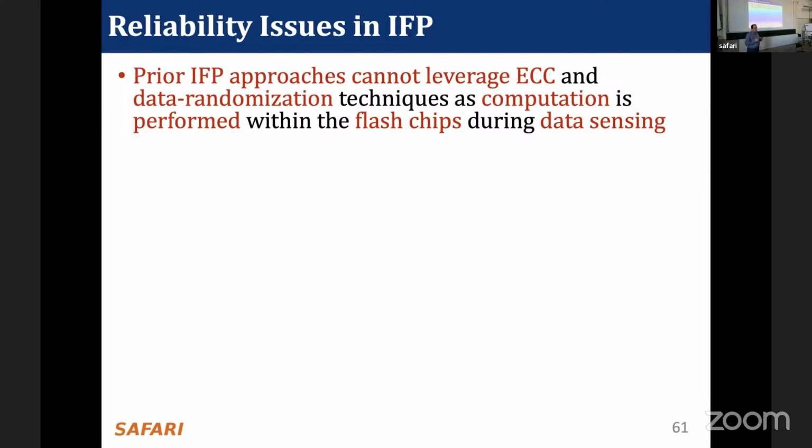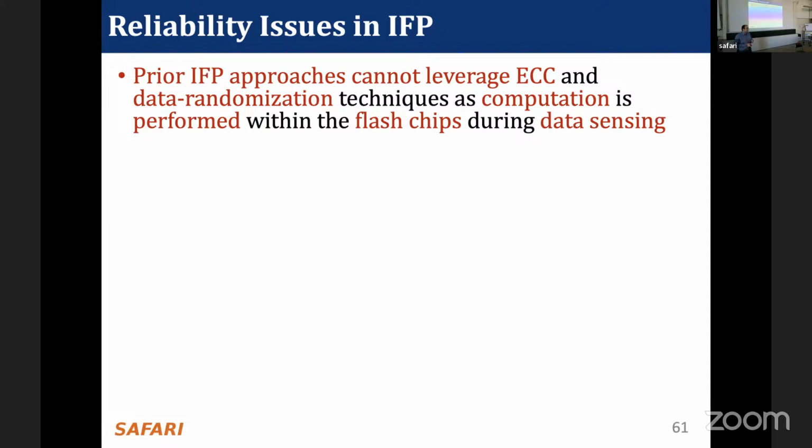But when you want to do computation inside the flash memory, you cannot really do that, because ECC usually happens outside the flash memory. The ECC algorithm is quite complex, and it's not cost efficient to do ECC encoding and decoding inside the flash memory. There are some works that do ECC inside the flash memory, but they use very simple ECC techniques. If you want good error correction capability, you really need to use complex ECC techniques.